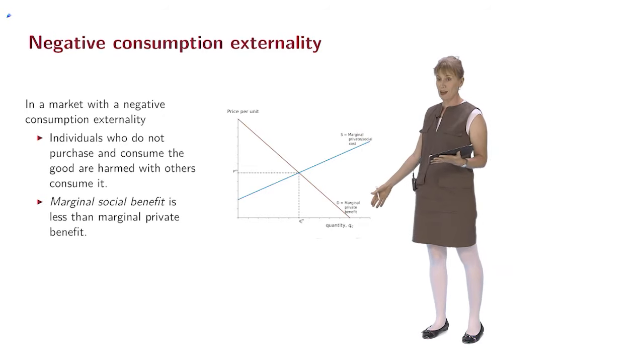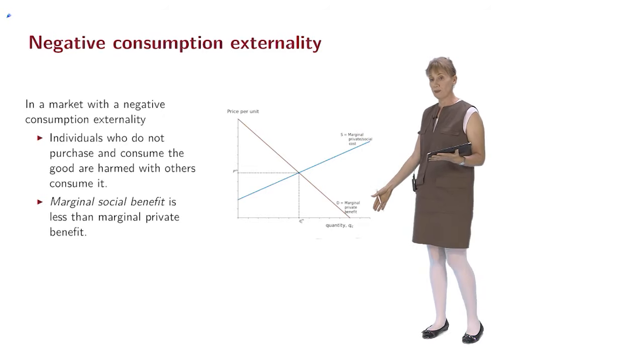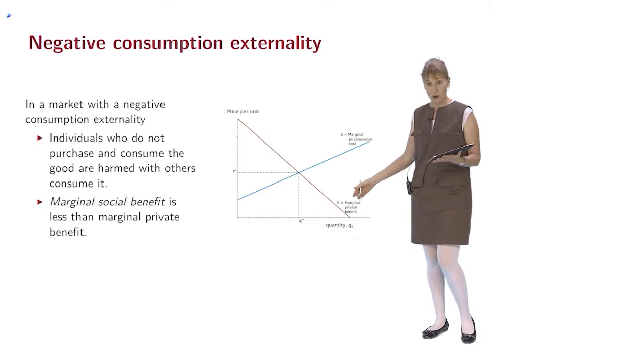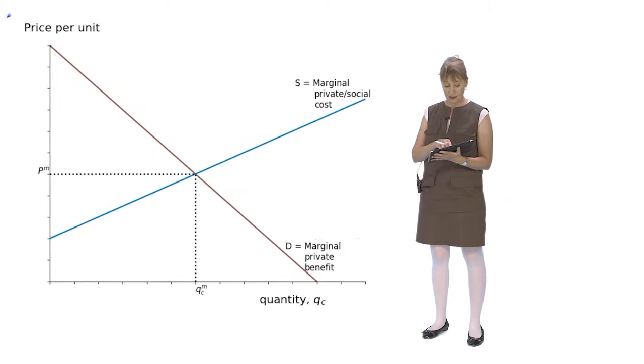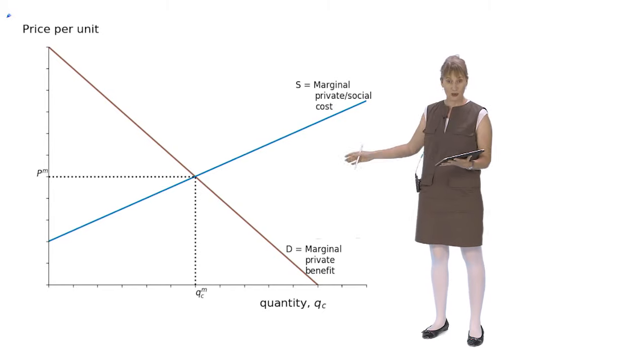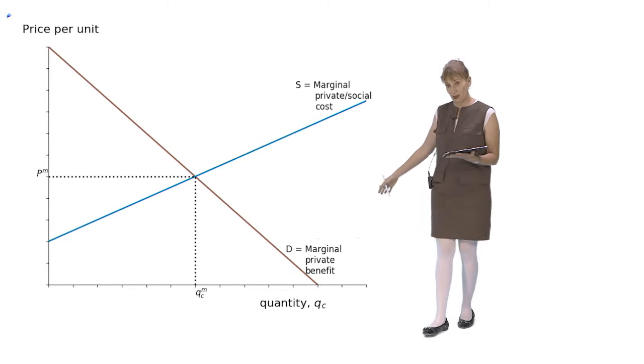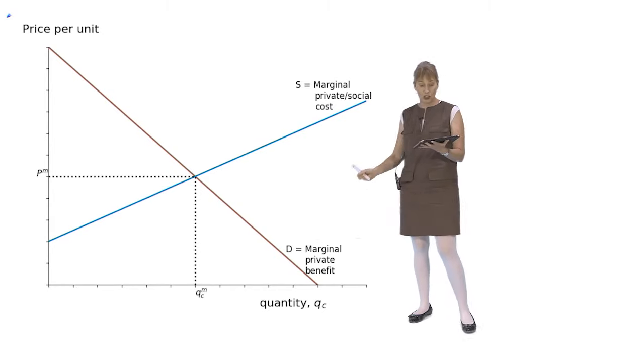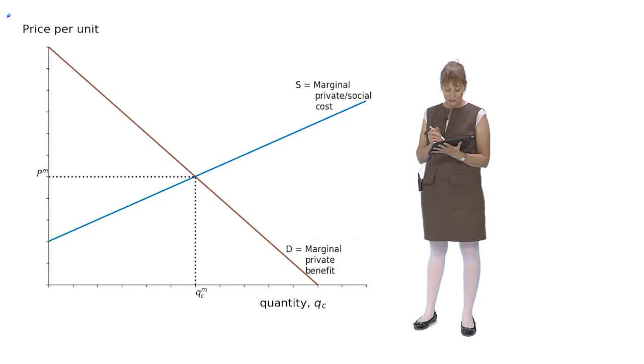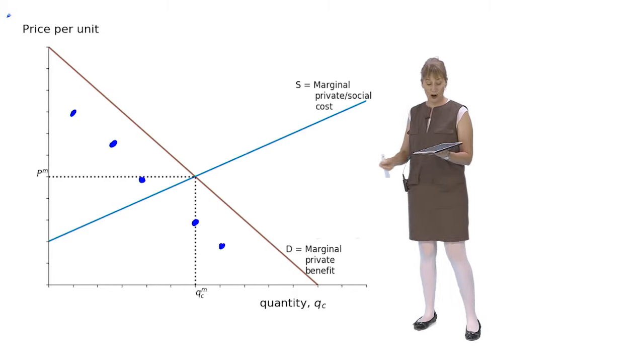Since I am exposing those around me to cigarette smoke, let's zoom in here, and those around me experience negative consequences associated with my consumption, our marginal social benefit at all levels of consumption is less than marginal private benefit.